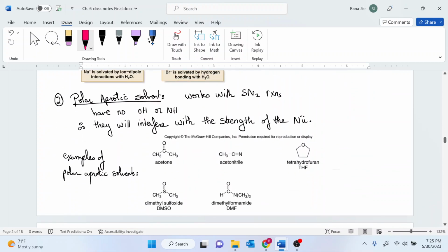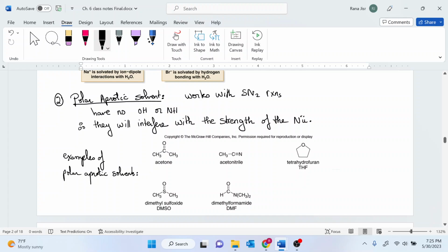On the other hand, polar aprotic solvents, they work with SN2 reactions only, and those they have no OHs and no NHs in them. Whenever you're working with an SN2 reaction, SN2 reactions involve the use of strong nucleophiles.